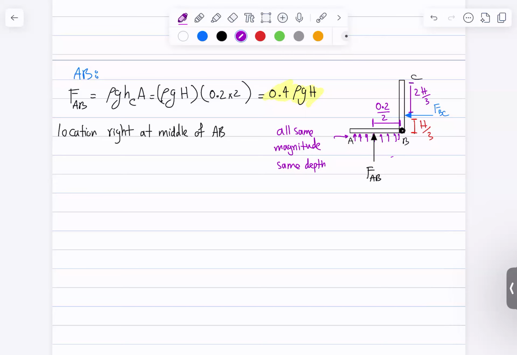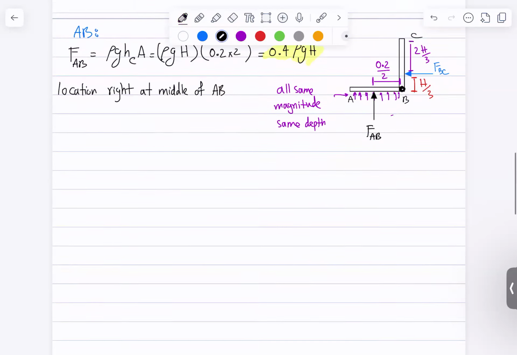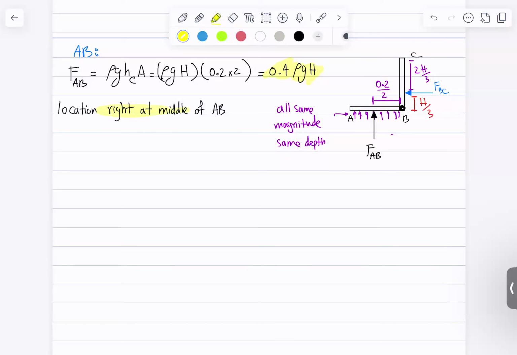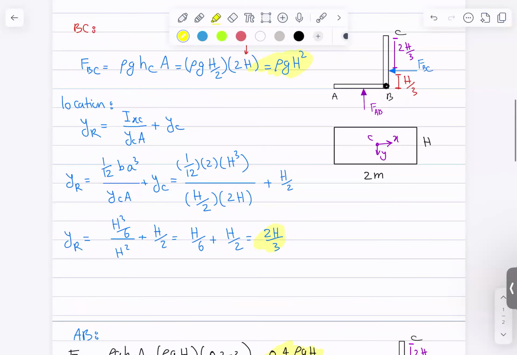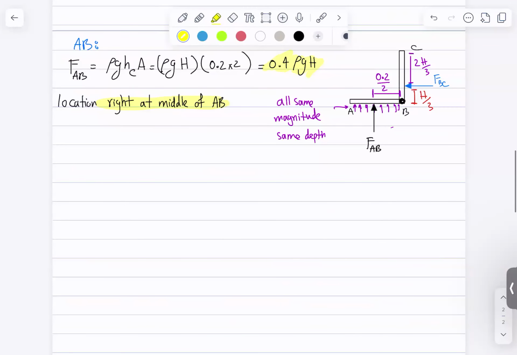Okay, so now that I know the magnitude and location of force AB, and the magnitude and location of force BC, I'm just going to do a moment balance about B.